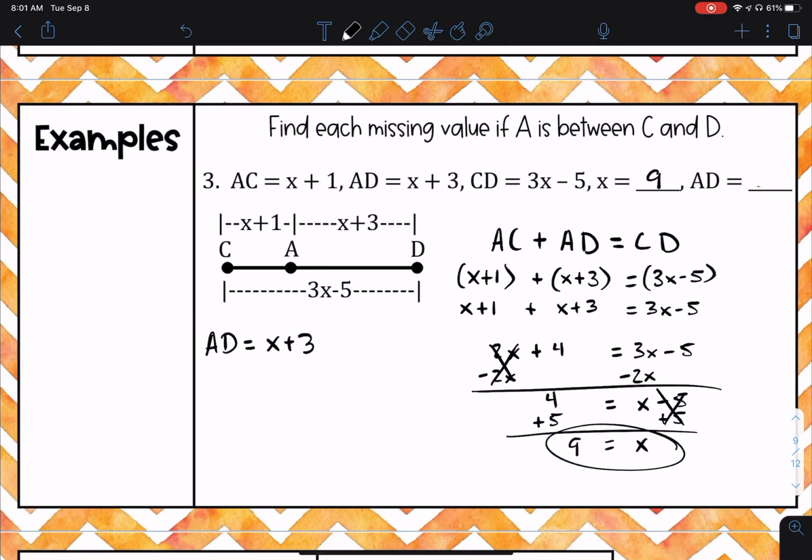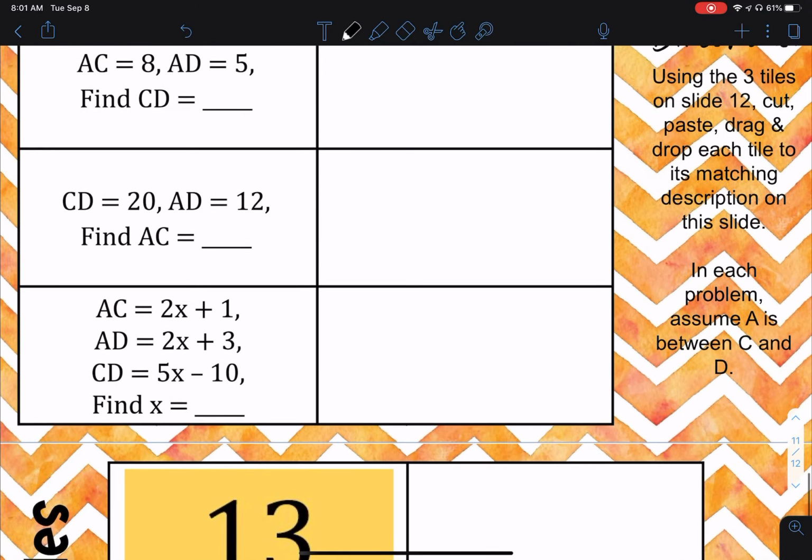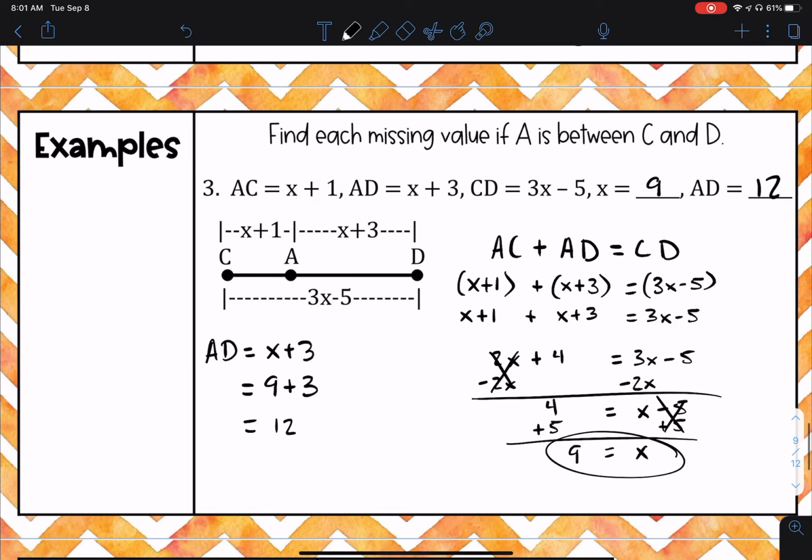Well, I just solved for x. I know what x is now. x is 9. So wherever I see x, I can replace it with a 9. So that means this is equal to 9 plus 3, which tells me that AD is equal to 12. Give you a second to let that soak in.